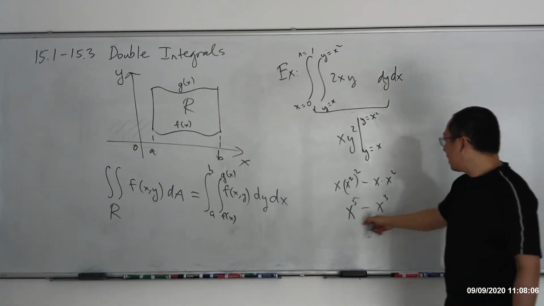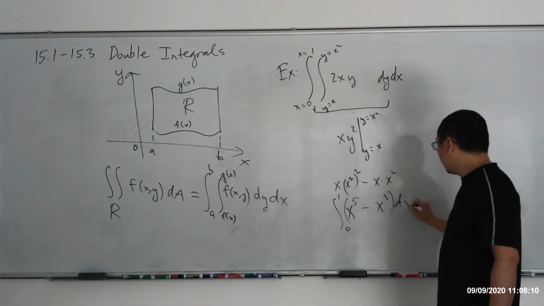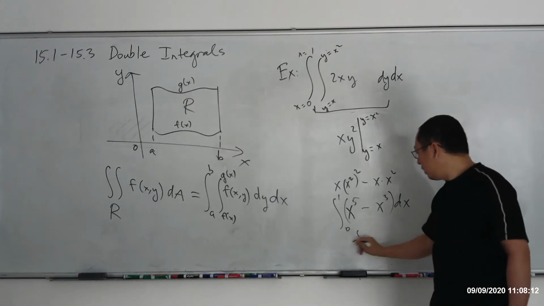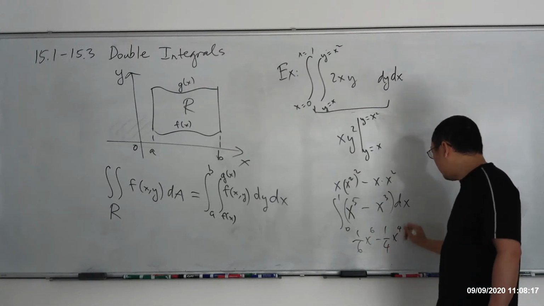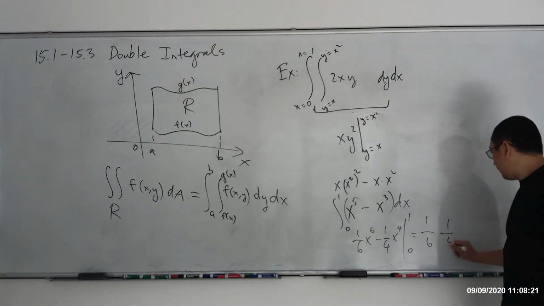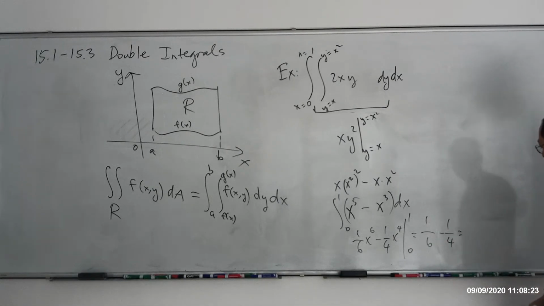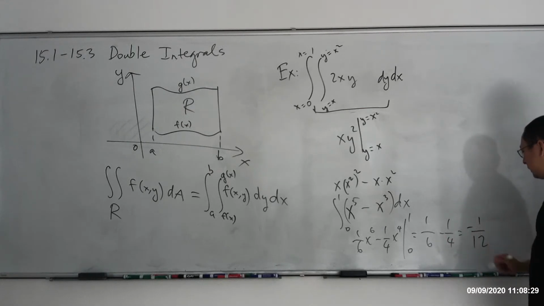Now I have to integrate this from 0 to 1 dx. And you know how to work with this. This is 1 over 6 x to the 6 minus 1 over 4 x to the 4, run from 0 to 1, which is 1 over 6 minus 1 over 4, which is a negative number, right? Common denominator is 12, so 2 minus 3, so negative 1 over 12.